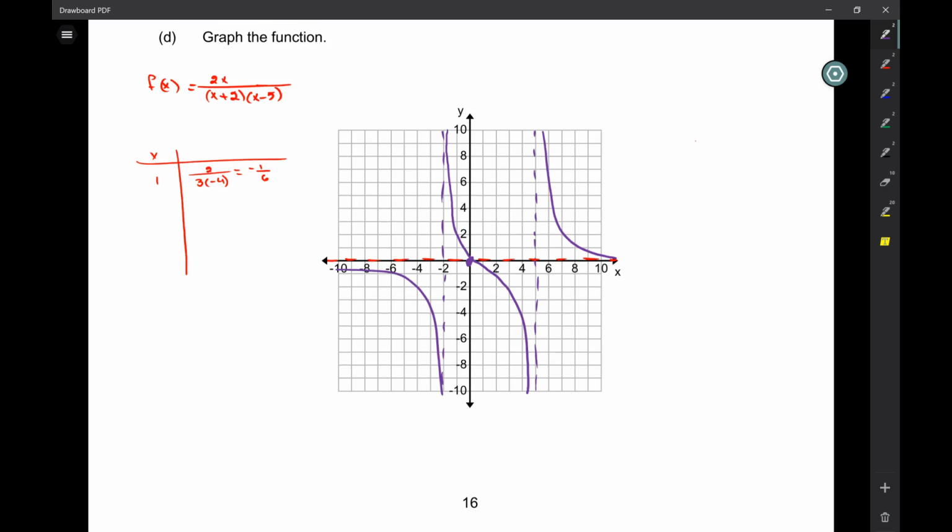So all I had to do for this one is put in x equals 1, y equals negative 1 over 6. So when x equals 1, y equals negative 1 over 6. And now I know that it's got to follow the vertical asymptotes to the right and to the left. And if it goes like this here, then there is only one way really for that arm of it to look.